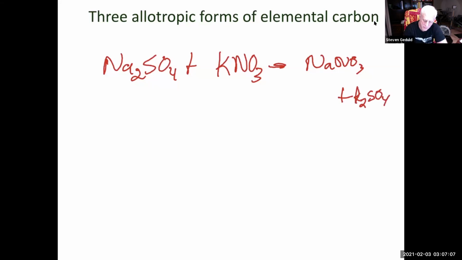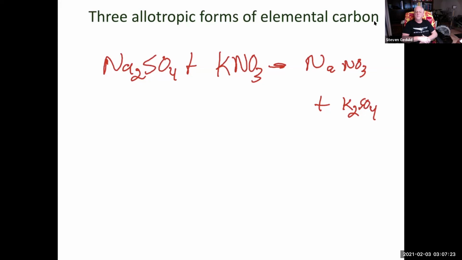I guess I'm not very artistic. All right, there's your equation: sodium sulfate plus potassium nitrate goes to sodium nitrate plus potassium sulfate. You remember from chemistry, that's a double replacement reaction.